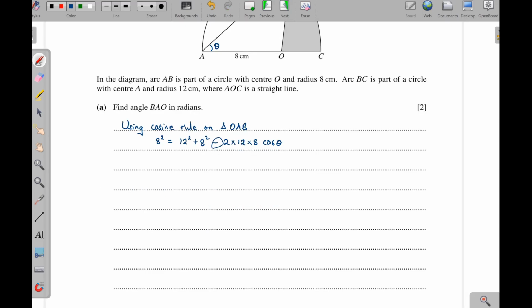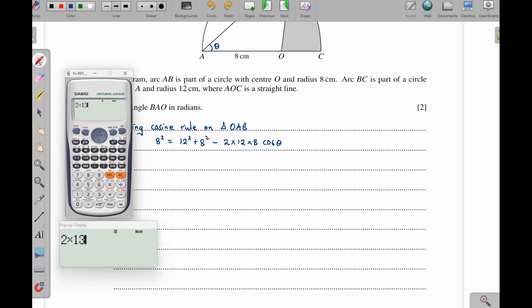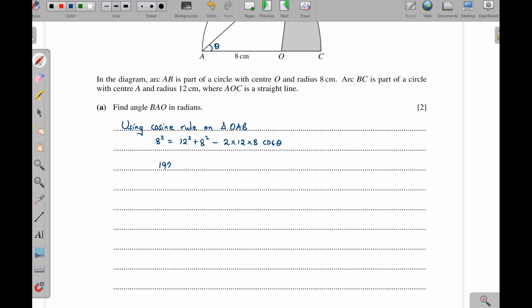Now, I need to make cos theta the subject of the formula. Since it's a negative here, I'll bring it this side such that it becomes a positive. So what is the whole of this together? 2 times 12 times 8. That is 192. So we shall have 192 cosine of theta equals 144 plus the 64 for this one here.